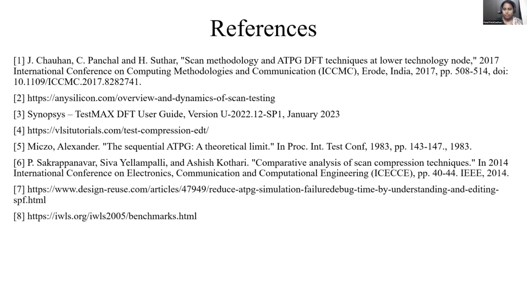And the seventh is for SPF, the STIL protocol file, as I have mentioned in one of the slides, that for DRC, design rule check, we need an extra input of the STIL protocol file, which contains some data of our design's scan, and it also contains some initial patterns to check, which is created at the time of scan insertion. And the last reference is to get the benchmark circuits that I have used in this testing, or in this research.